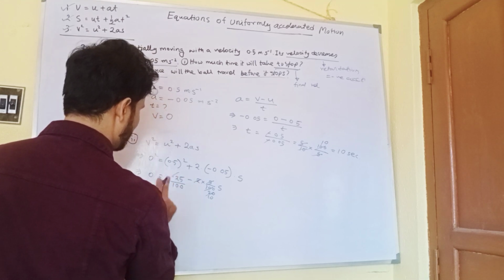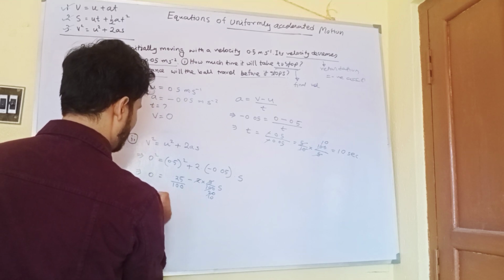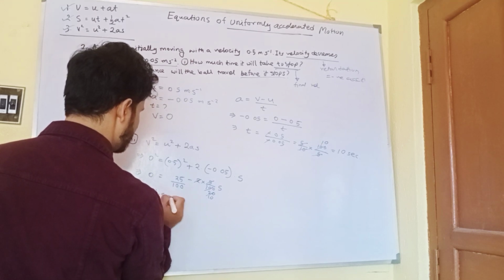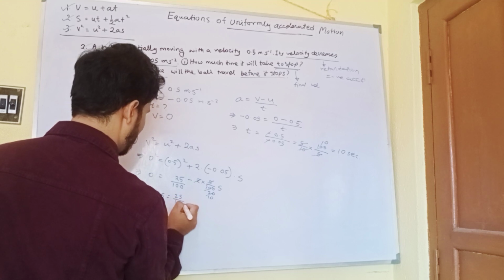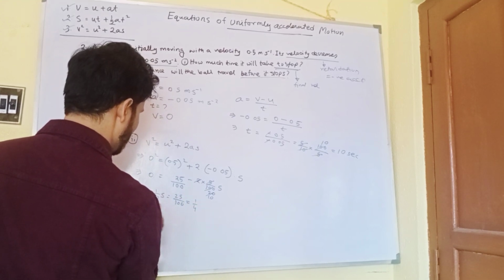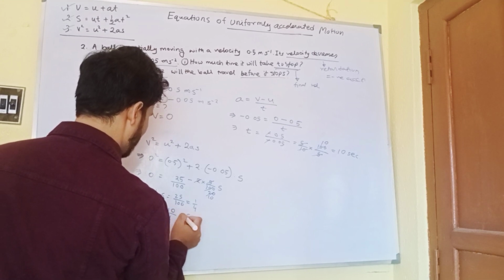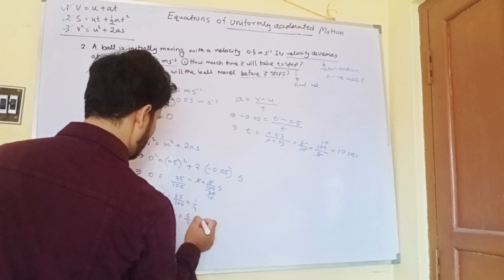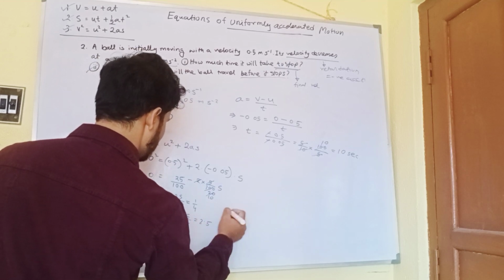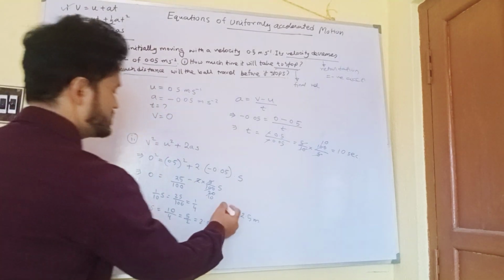We can write it as 25 by 100, equal to 1 by 4. So s is equal to 10 by 4, 5 by 2, 2.5. So s is equal to 2.5 meter. This is our answer.